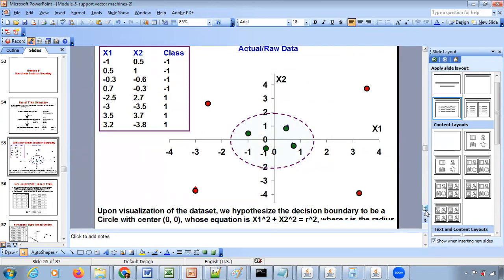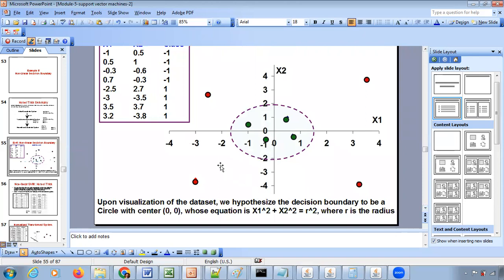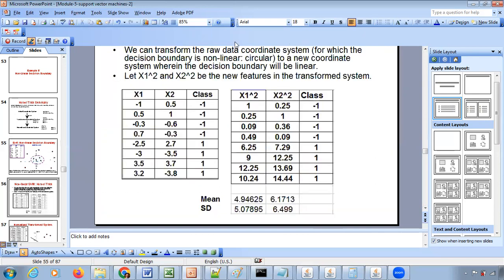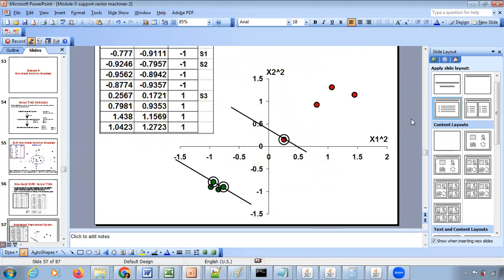Now here we do x1 square and x2 square for the simple reason that the nonlinear decision boundary looks like a circle, and the equation of a circle looks like this: x1 square plus x2 square, where x1 and x2 are the 2 dimensions, equals some radius r square. So we will find x1 square and x2 square for the given x1, x2, and fit that either as the raw x1 square, x2 square, or you can normalize it as well.